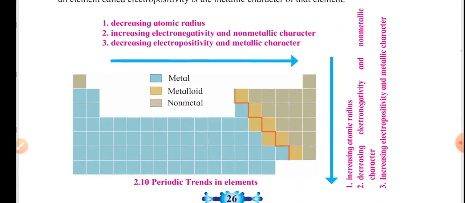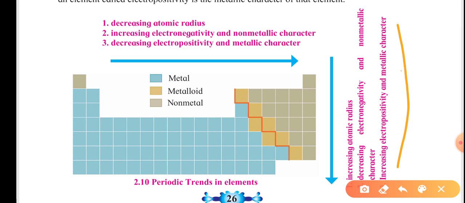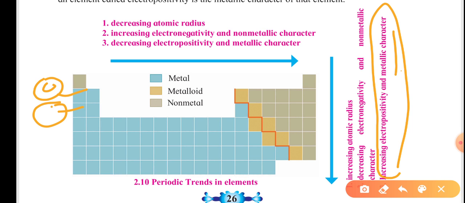The thing we have discussed is the increase in electropositivity and metallic character, because in each period one shell is added at a time.